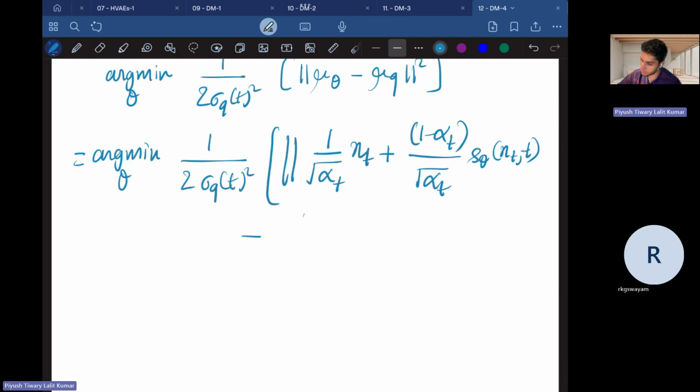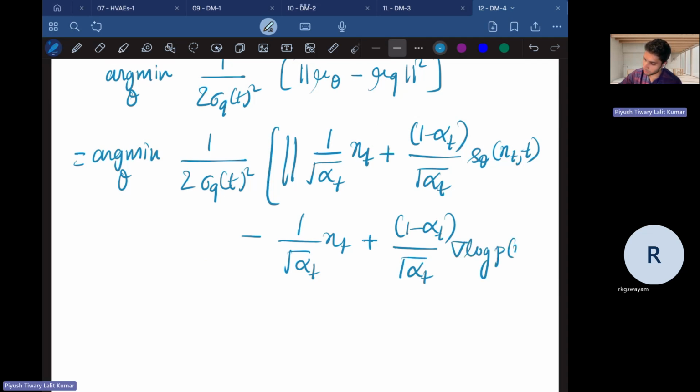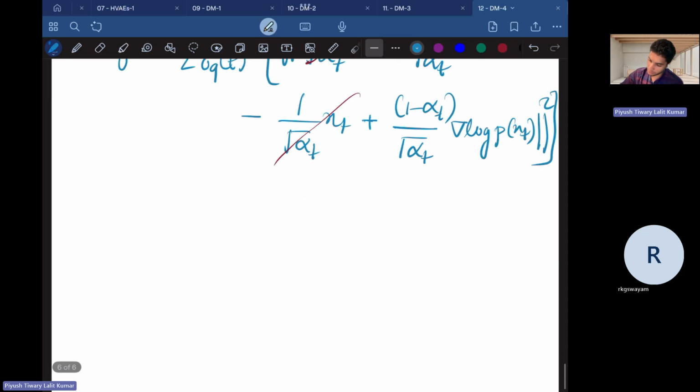What is mu q? Mu q is just the same thing, but with the original score function. So this is 1 minus alpha t over square root of alpha t grad log p of xt. This thing, norm whole square, is what it is. Now again, things will get cancelled out. That is the beauty of such parameterizations, right? And what will be your final loss function?